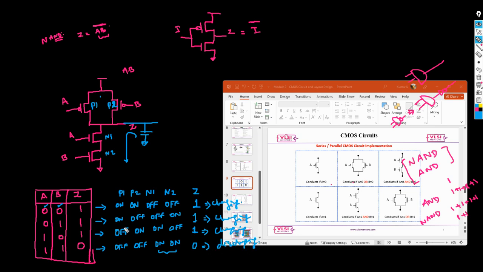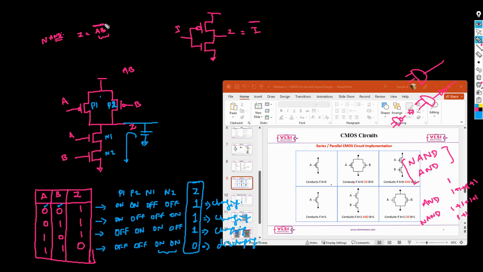Okay. So now, is the circuit and the truth table matching? Is this Z and this Z the same or different? Same, sir. Okay, now this is the formula or method that I follow.